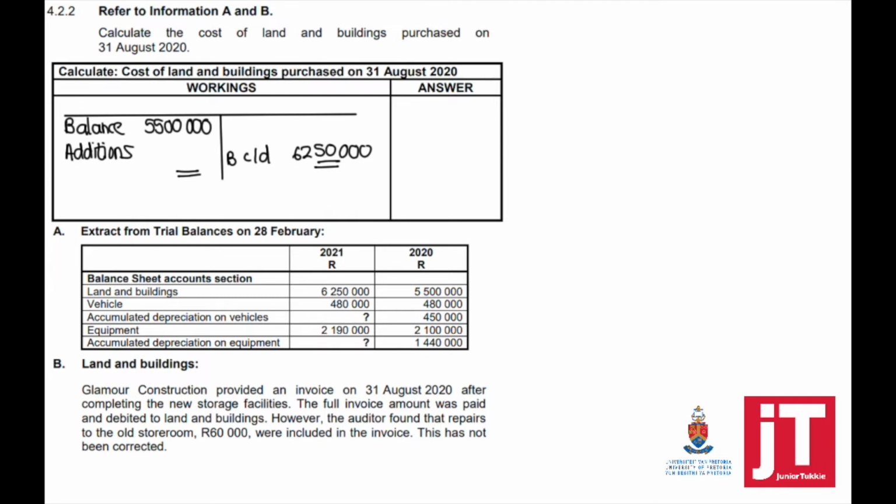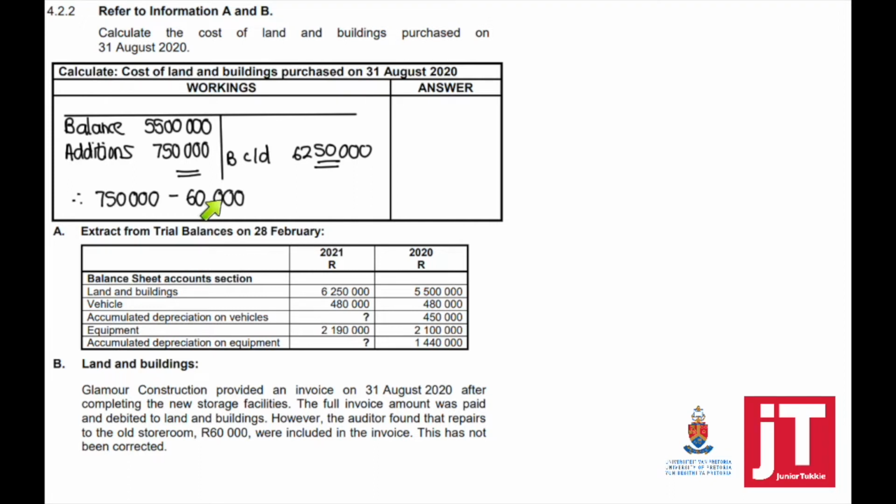So now we need to correct this mistake. It should have formed part of repairs and should not have been added as an addition. But first we need to find out what the addition was. If I take the credit, there was no asset disposal, minus the debit, it means that the additions were 750,000.